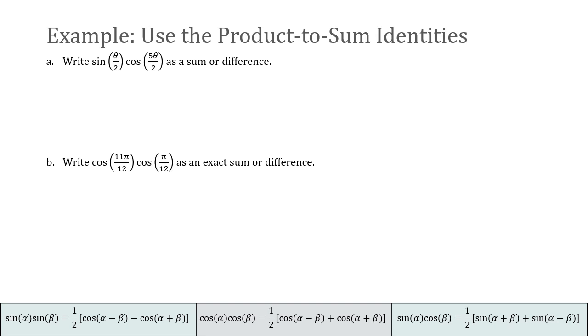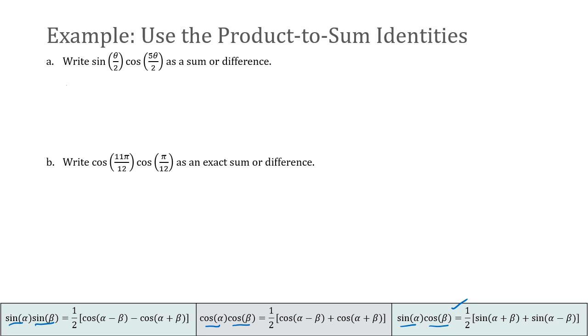Looking at our identities, the first one we saw in the previous example was a sine times a sine. The middle identity is a cosine times a cosine. The bottom one is where we see a sine times a cosine. So that's the one we're going to use for example A.